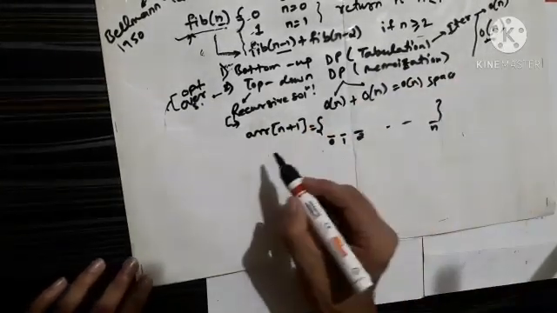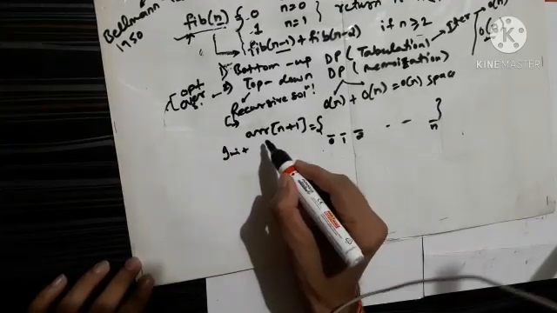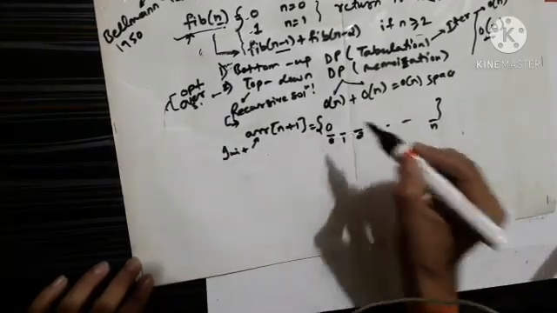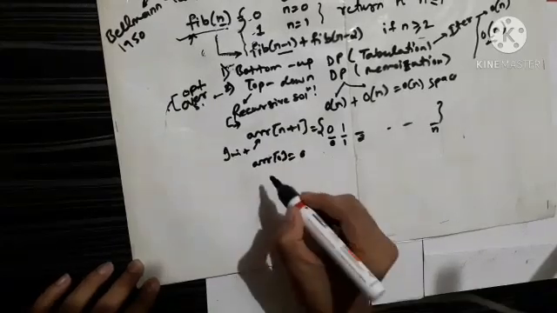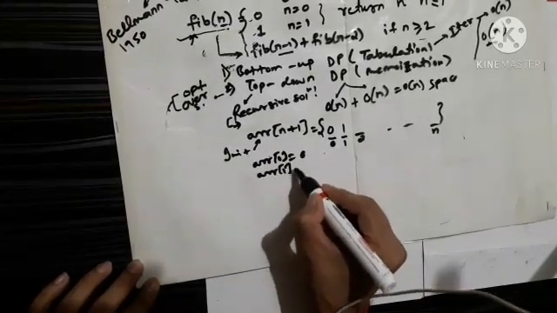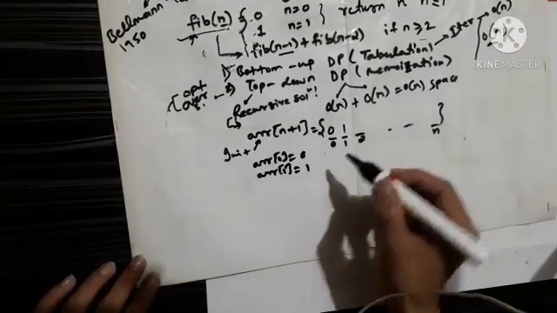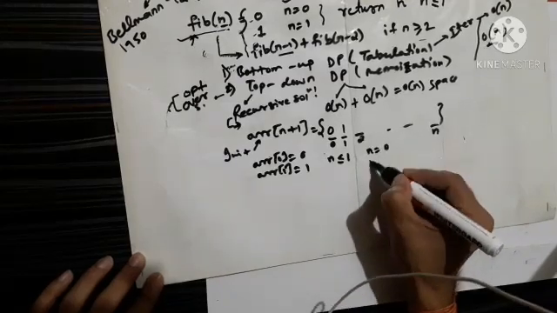So initially, what I will do, I will create this array, and in this array at index 0 I will put 0 and at index 1 I will put 1. Simply you can say array of 0 is 0 and array of 1 is 1. Why 0 and 1? Because whenever n is less than or equal to 1, that means n is 0 or n is 1.